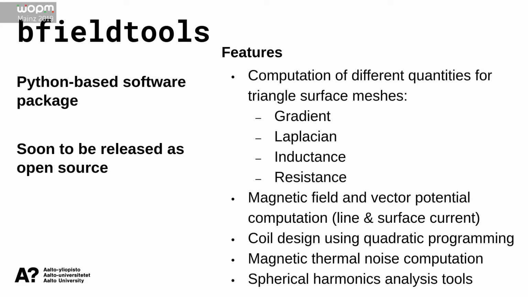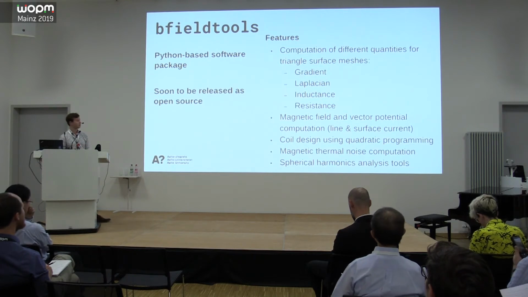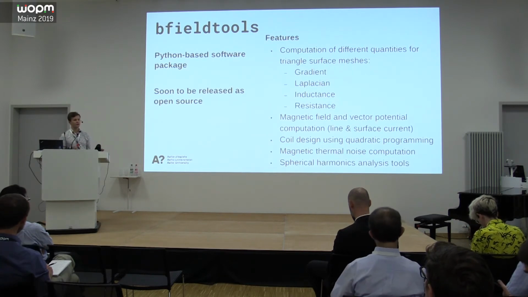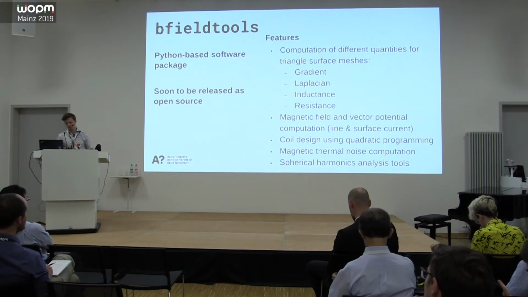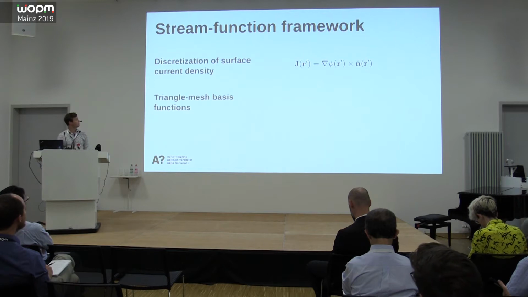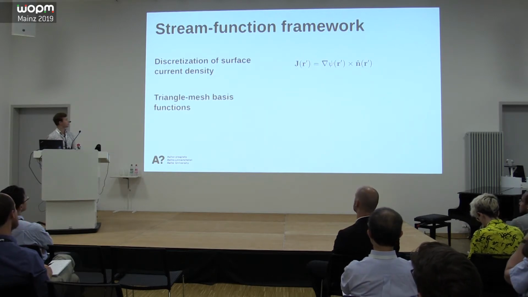So we have gradient operator, Laplacian on a surface, and everything is on triangle surface meshes here, so that's the key. And we can not only do coil design in this framework, but also compute thermal magnetic noise, as well as do some spherical harmonics analysis, which is more quality of life. So it's all about surface currents here on triangle meshes.